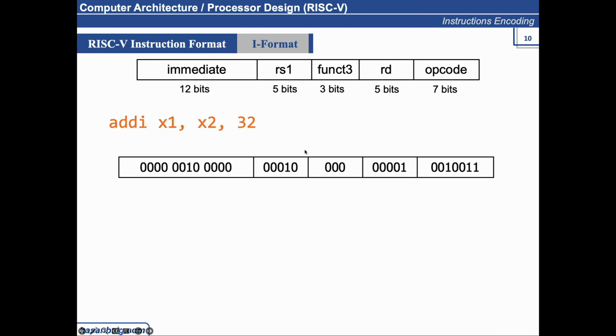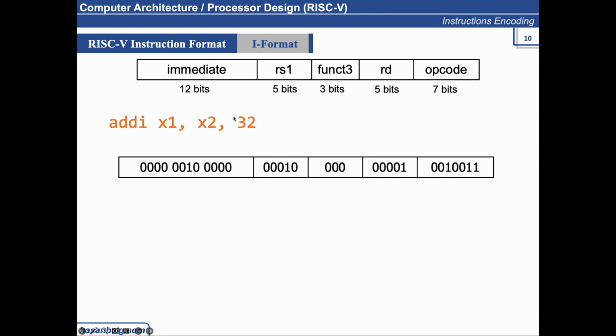So let's say we have this instruction, and this is how we encode it. ADDI, so this is the immediate opcode value, which is equivalent to, what is the equivalent value here? This one is not 51. 1, 2, 4, 8, 16. 16 plus 3, 19.